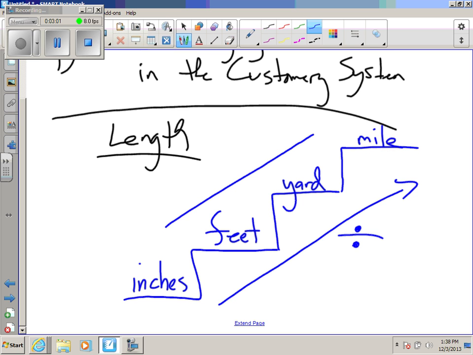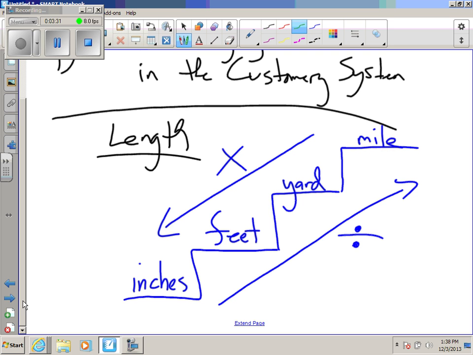When I go down the staircase, I will always multiply. So when I convert from miles to yards, I will be multiplying. By what, you may ask? Is there a set number that you're multiplying by every single time? No. It varies based on the relationship of the units of measure.